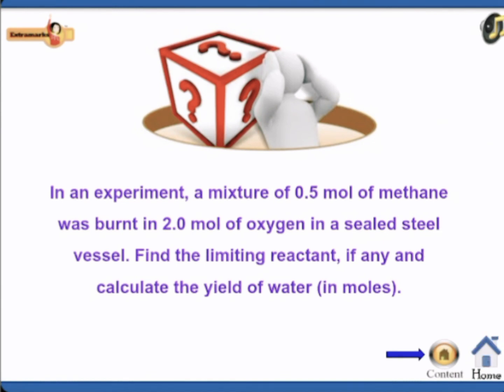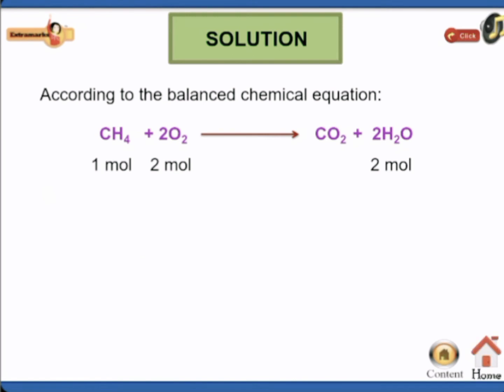In an experiment, a mixture of 0.5 mole of methane was burnt in 2.0 moles of oxygen in a sealed steel vessel. According to the balanced chemical equation, 1 mole of methane reacts with 2 moles of oxygen to produce 1 mole of carbon dioxide and 2 moles of water.